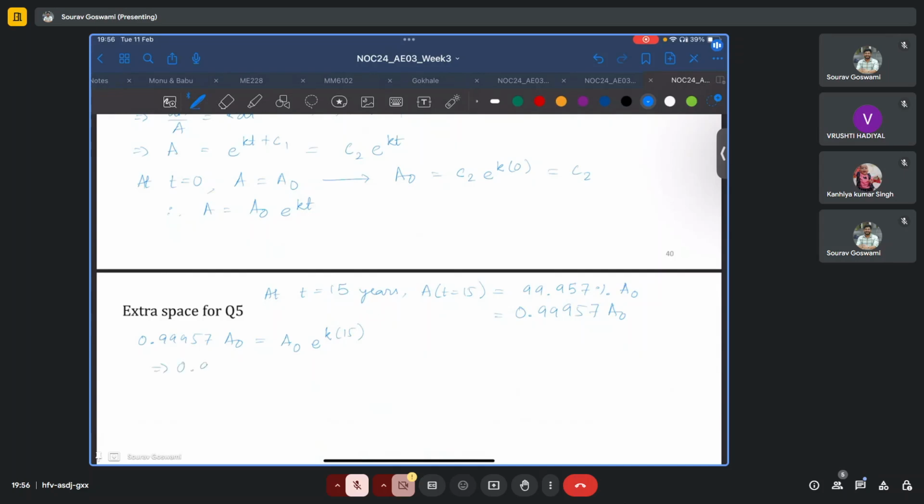which implies that 0.99957 equals e power 15k. If we take natural logarithm of both sides, ln 0.99957 equals 15k, which will give us k is equal to ln of 0.99957 by 15. Please give me a minute to compute this number.